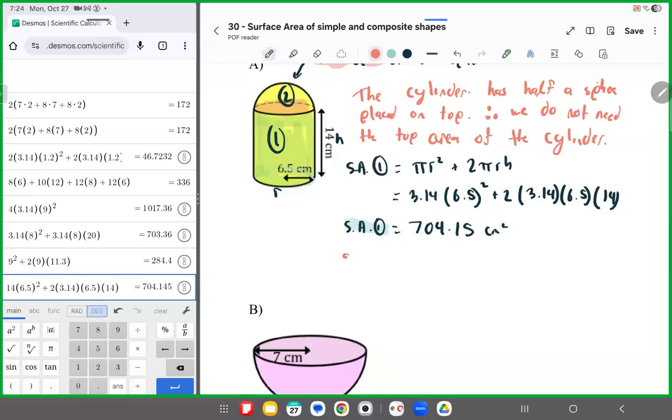The surface area of the second shape is just going to be 4 pi r squared, but we only need half of it. So we just divide it by 2. Here, this is going to be 4 times 3.14 times the radius, which is 6.5 squared, divided by 2.